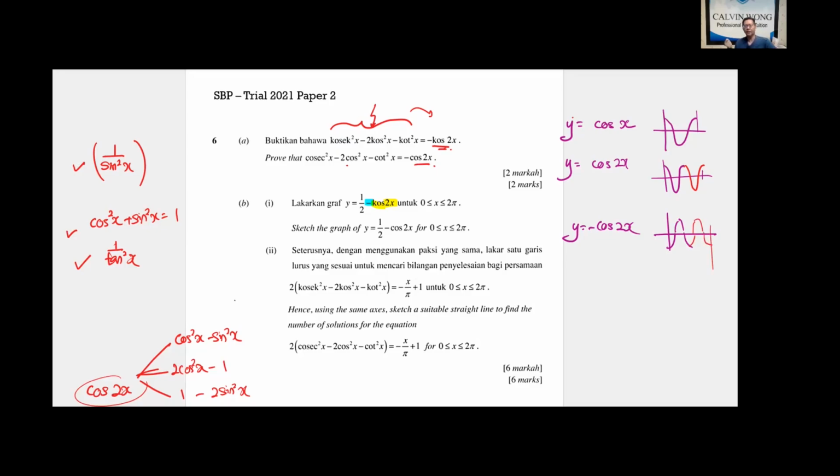And the last one is plus half. Is it plus half or minus half? Plus half. So the whole thing moved up by half.